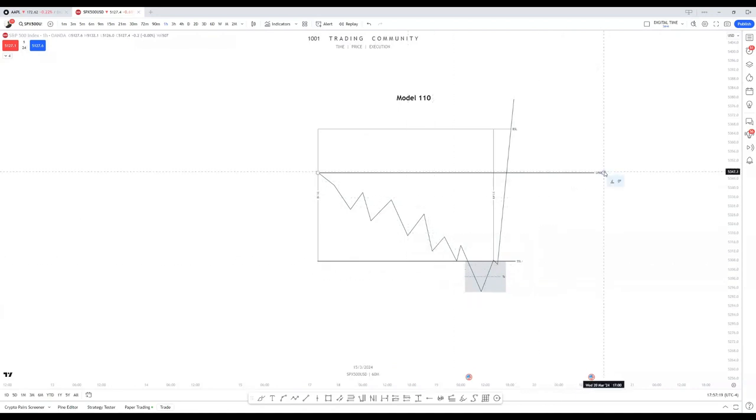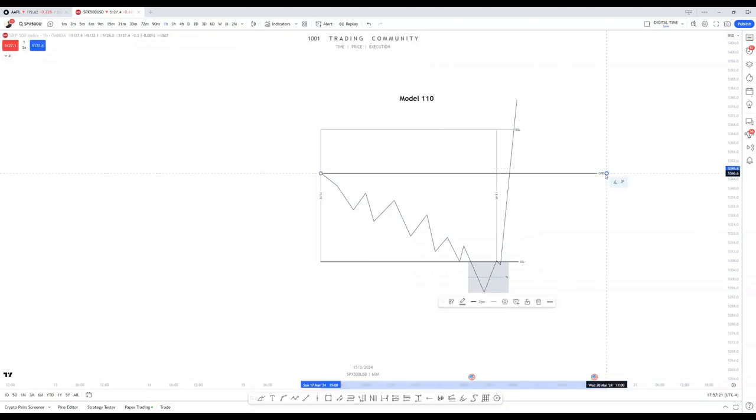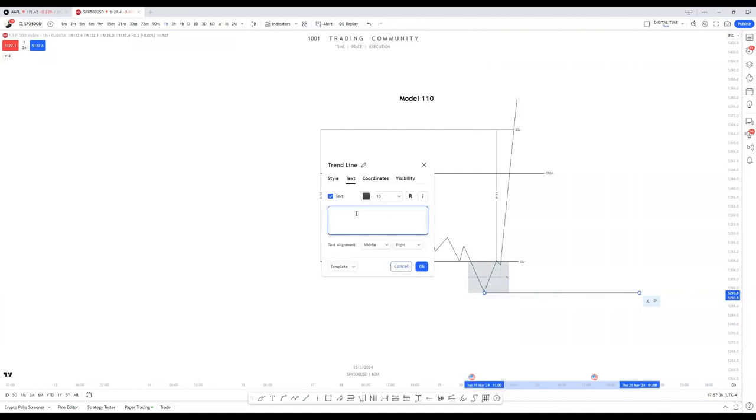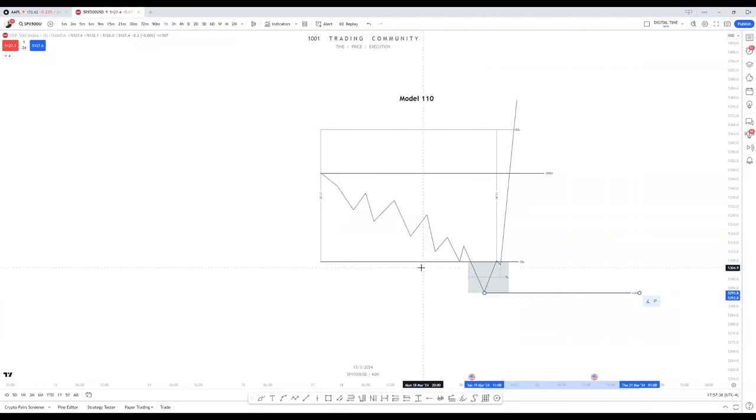So now we have the higher time frame candle, the open. Price then proceeds down. This is now the low of the higher time frame candle. Price then pushes towards buy side at the end of model 110.